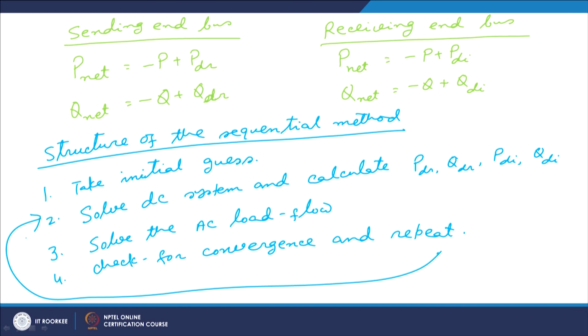But what we will see in the next couple of lectures is that the process of calculating PDR, QDR, PDI, QDI is pretty simple, from the basic equations of the HVDC link. So we have to add only a very small amount of code to our final program just to calculate PDR, QDR, PDI and QDI utilizing the recent values of theta and V corresponding to the AC system.